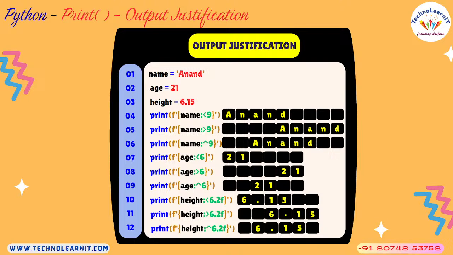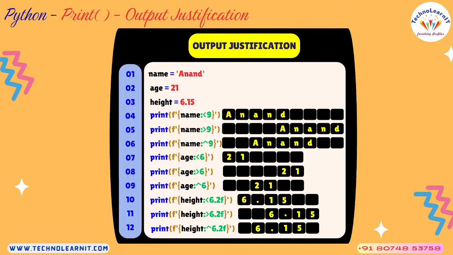In statement 4, there is a variable called name and colon and less than 9. Less than, in the formatted output, means left justification. What does 9 mean? 9 means you reserve 9 spaces for me, for printing me.